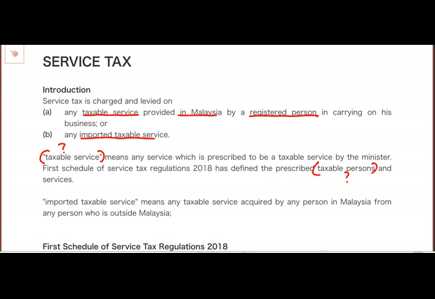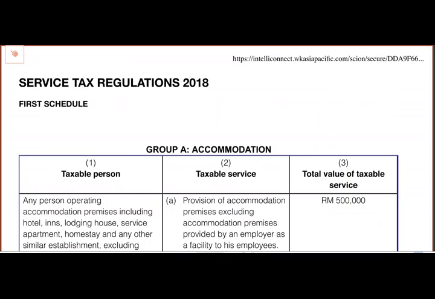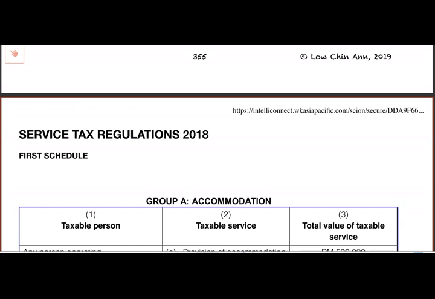So, the question is, how do I know whether I'm offering a taxable service and whether I am a taxable person? You have to refer to the first schedule of the service tax regulation. Let's go to the last section.